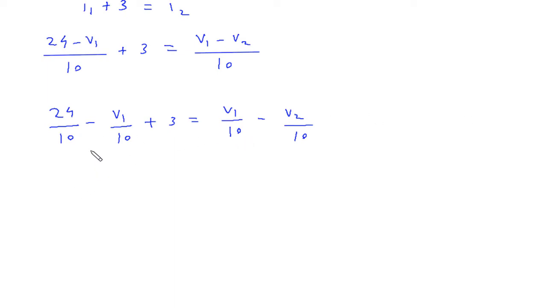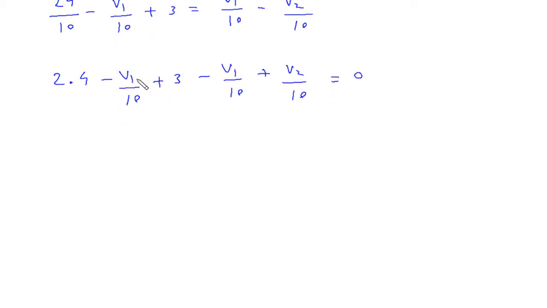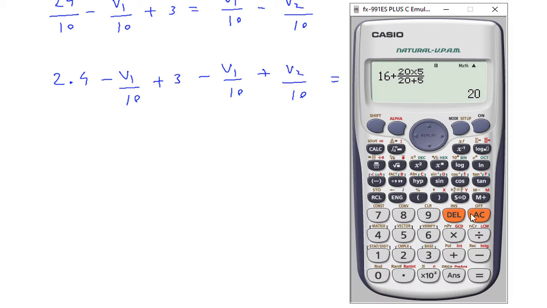Now this will be 24 by 10 or 2.4 minus V1 by 10 plus 3 minus V1 by 10 minus V2 by 10 plus V2 by 10 is equal to 0. Now this will be 1 by 10.